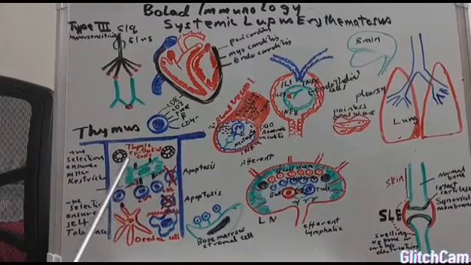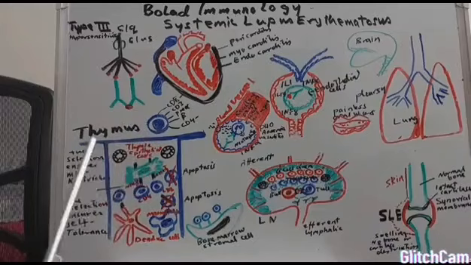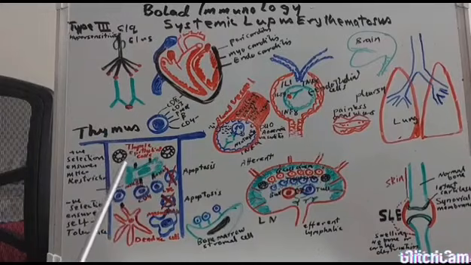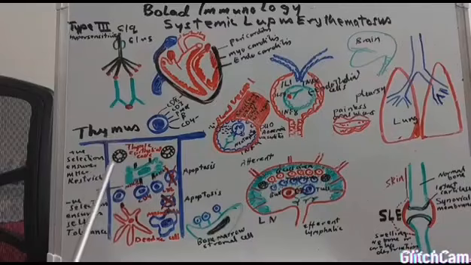If these immature cells react with major histocompatibility class 2, they will differentiate into CD4. If they interact with major histocompatibility class 1, they will differentiate into T cytotoxic or CD8. At this stage, they should recognize major histocompatibility class 1 and 2 as self.